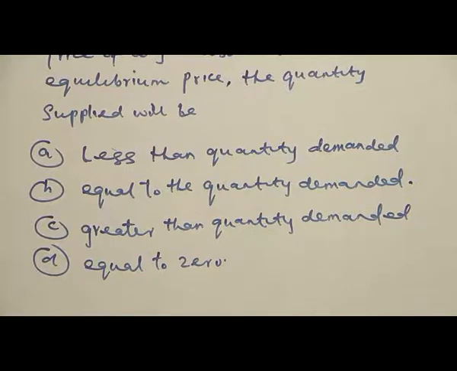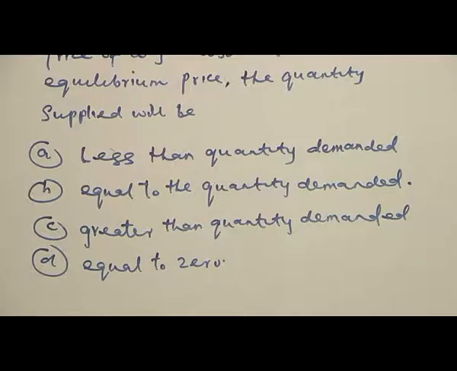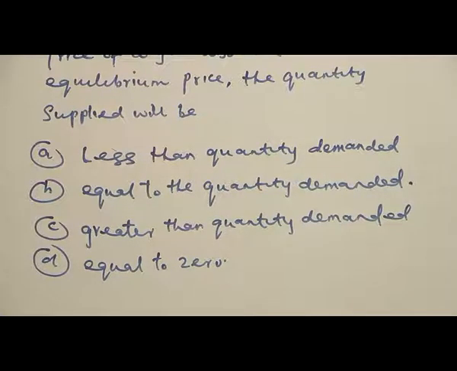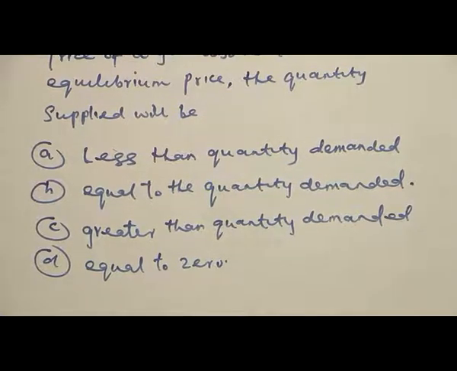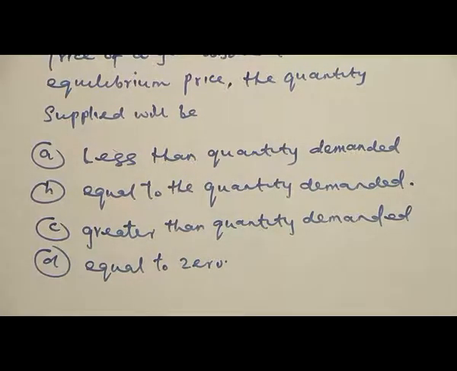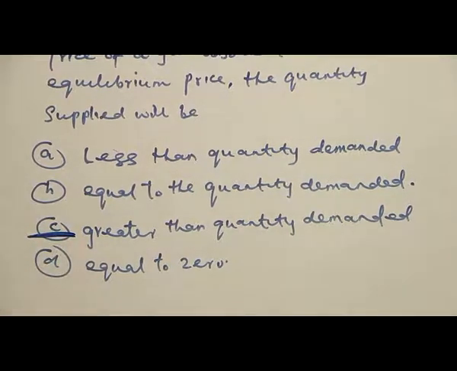If supply is less than demand, then we are talking about a rise in equilibrium price. Letter B is talking about equilibrium price, that is, supply equal to demand. Letter D is not appropriate, so it's not equal to 0. So the right answer is letter C.